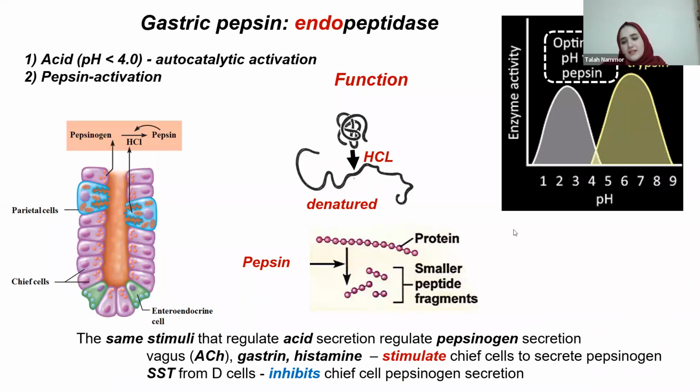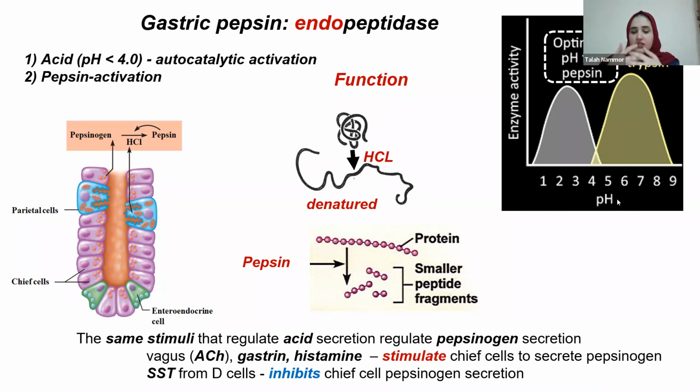This is a very easy slide, guys. We said we have something called gastric. We said chief cells release pepsinogen. What will the pepsinogen do? It will see the HCl.